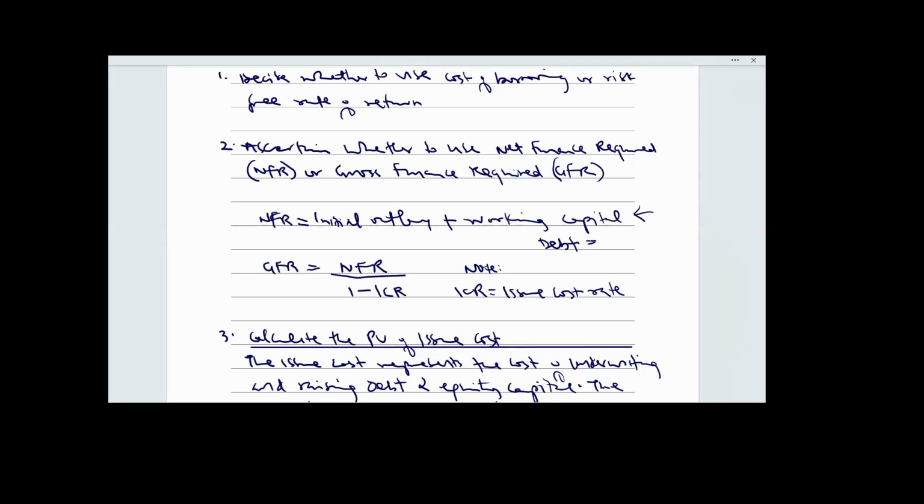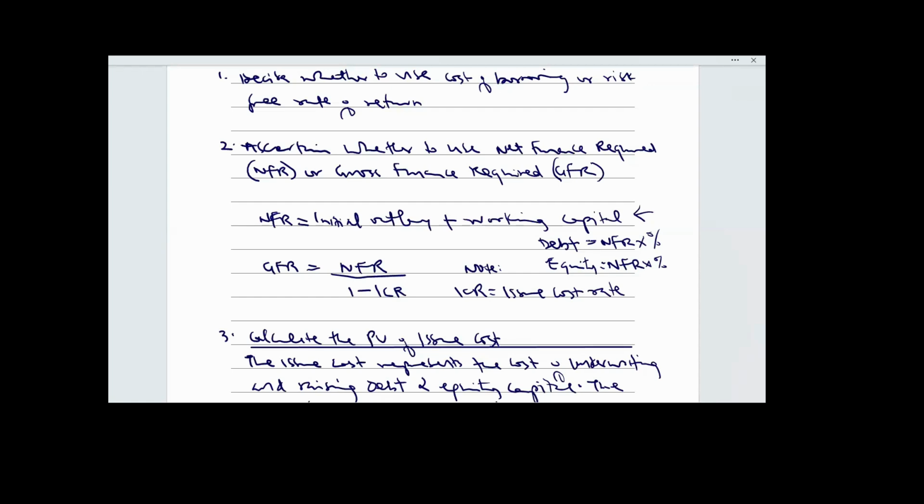So you multiply the total net finance required with the percentage of debts. You do the same thing for equity. You multiply the net finance required with the percentage of equity. So that will give you the net finance required on debt as well as on equity.